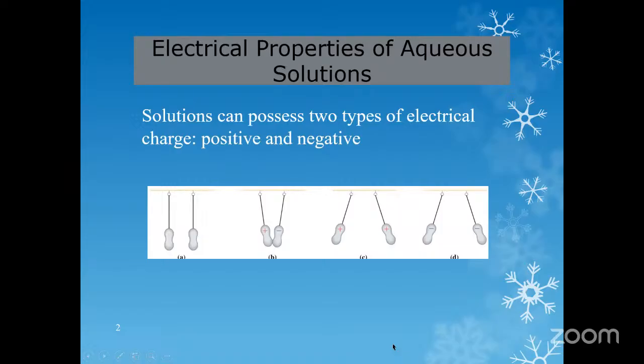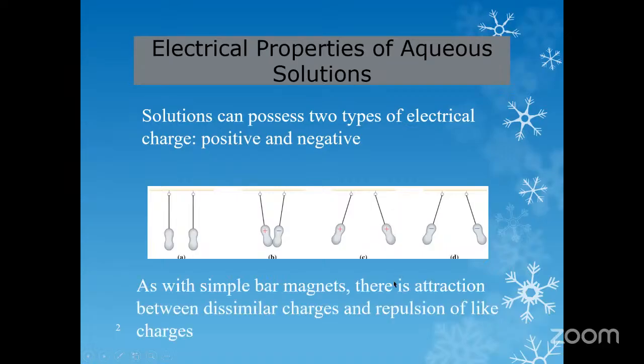As we know, like charges repel each other and unlike charges attract each other. This is a model showing how these charges behave. If you have two charges suspended from a fixed platform, if they're neutral, there'll be no electrical attraction between them. If they are opposite in charge, they'll attract each other, and if they are the same charge, they will repel each other.